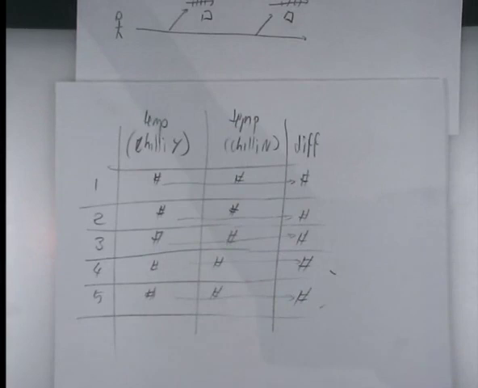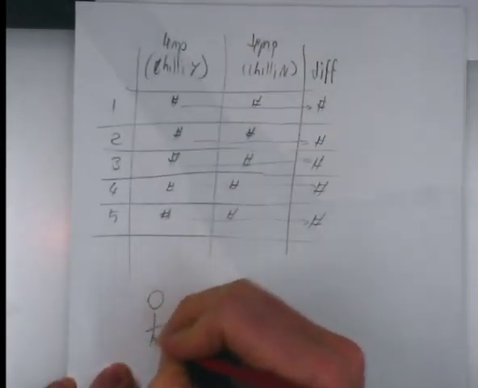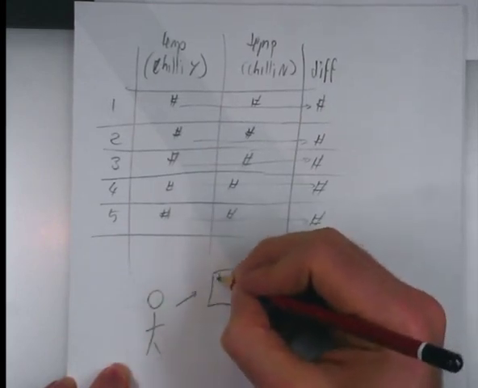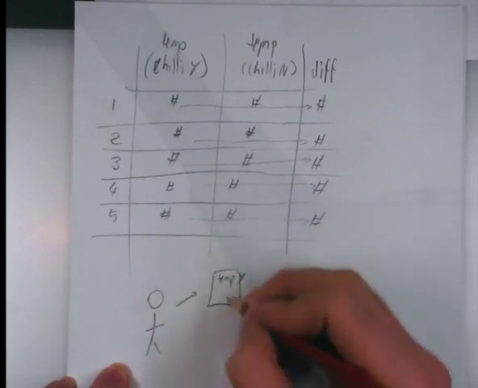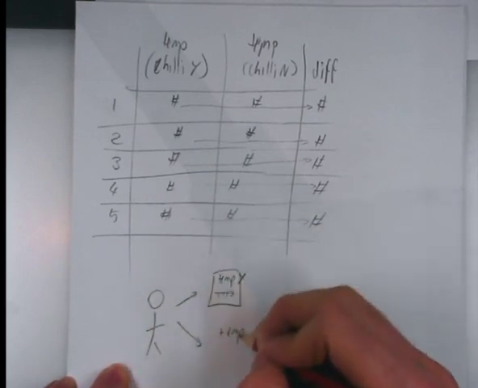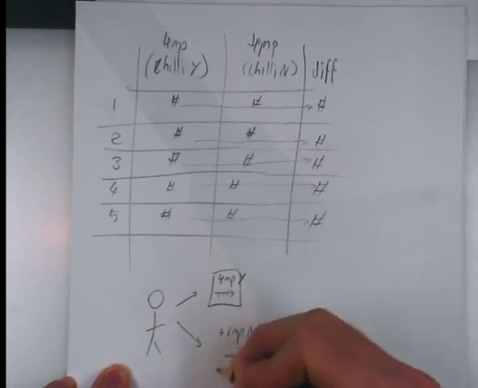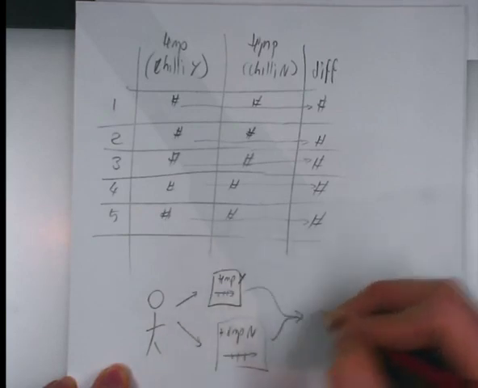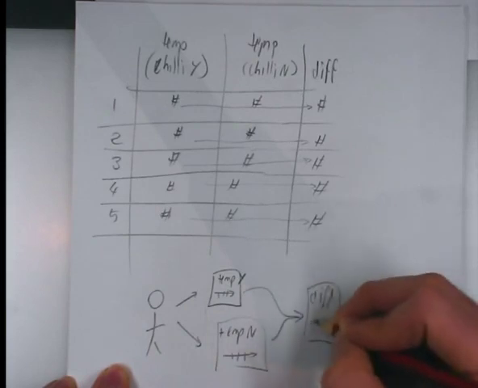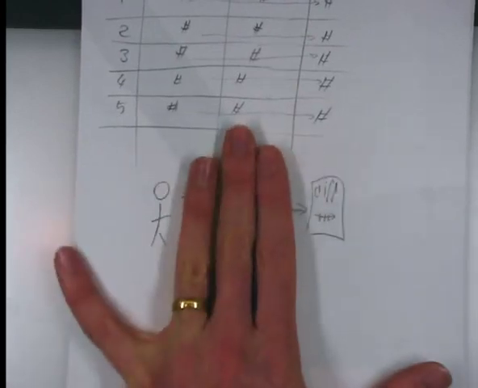And so I have a brand new question now. It goes like this. This person has a measurement on them of the temperature with yes for chili, and a measurement of the temperature with no for chili. I combine them together to get the difference in temperature. And then I imagine this. Every person has only got one measurement on them now, just the difference.